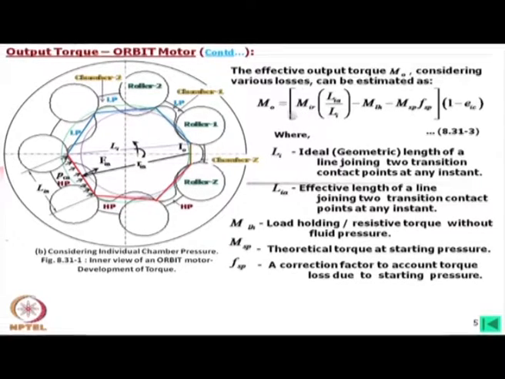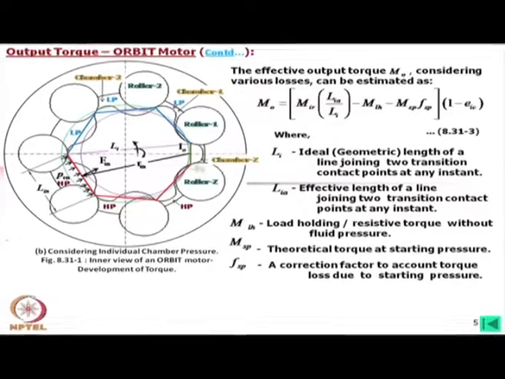This means the actual available torque is this much: the ideal torque, then there is a variation in this length, so that part will be slightly less than this actual torque, then the load holding torque, and then when it is starting there is friction, due to which there is another loss. So, this is the total loss.